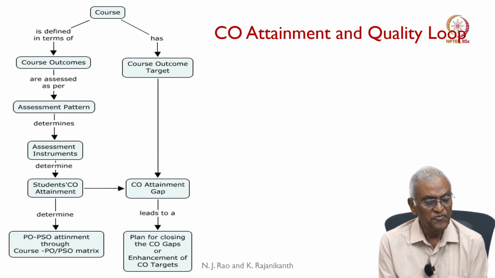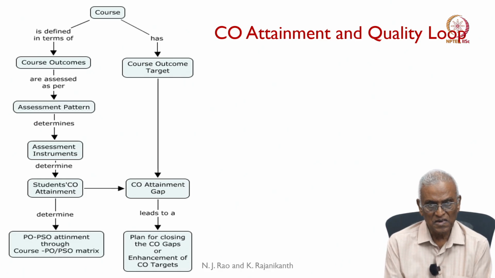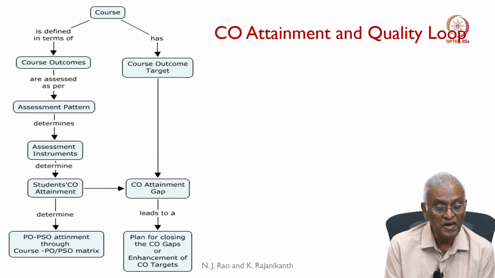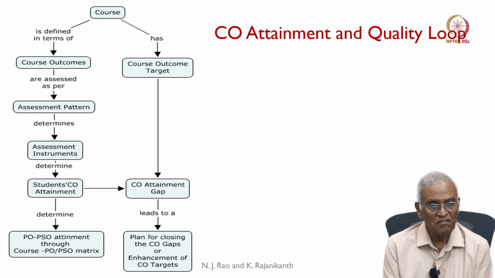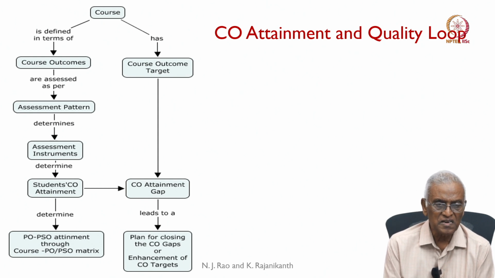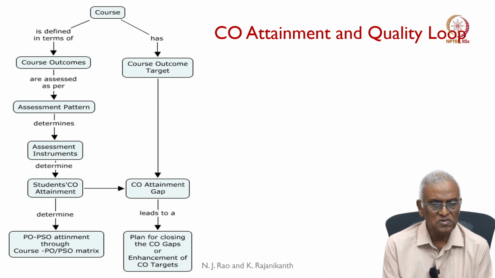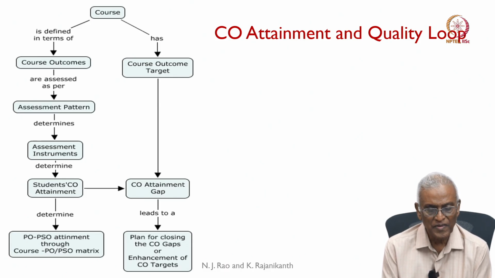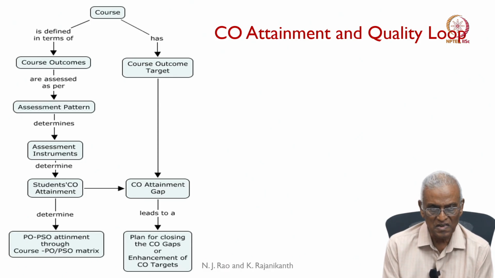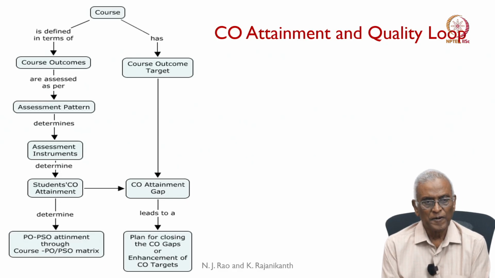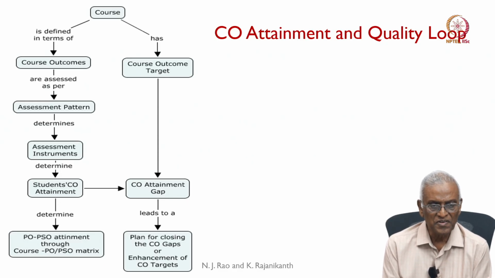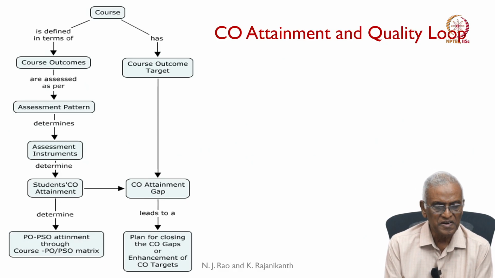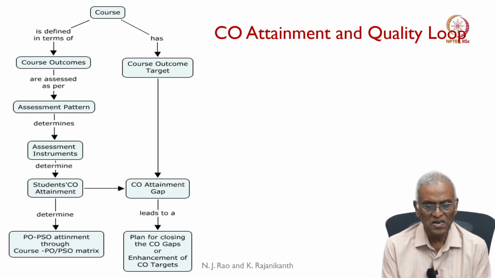A course is defined in terms of course outcomes that we have seen. You cannot say that every course outcome should be attained to 100% level by all the students. That is not possible, because different students have different backgrounds, different abilities, so every student cannot perform at the same level.